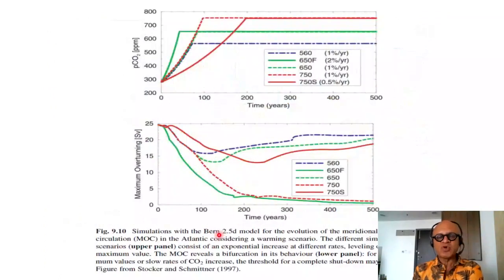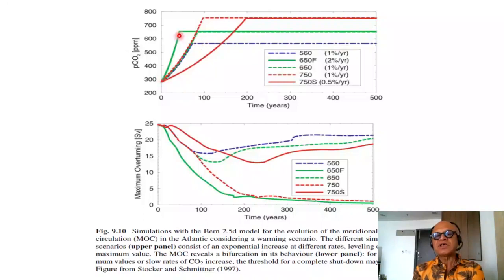So this is the Bern 2.5 model, again for the evolution of the meridional overturning circulation in the Atlantic considering a warming scenario. So these are the pCO2 levels prescribed with 560 ppm held constant after some integration of close to 70-80 years, whereas others are increasing CO2 at 1% per year out to 560.